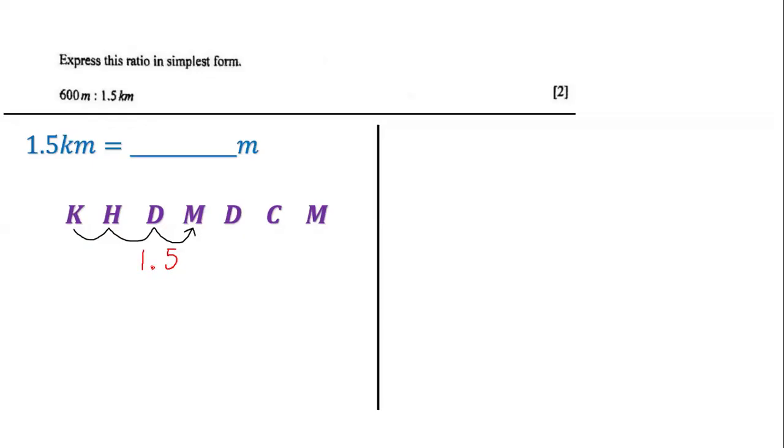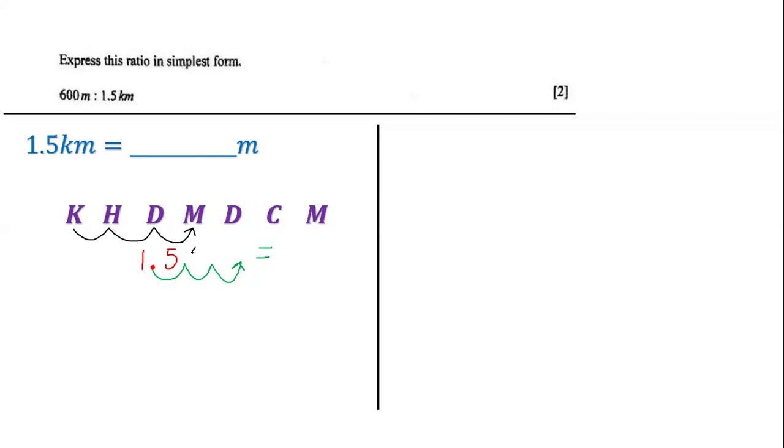All right, so we have 1.5. But we want to move this decimal point how many times to the right? 3 times. Very good. So you're going to say 1 and 2 and 3. Are we going to have to put placeholders? Two placeholders.